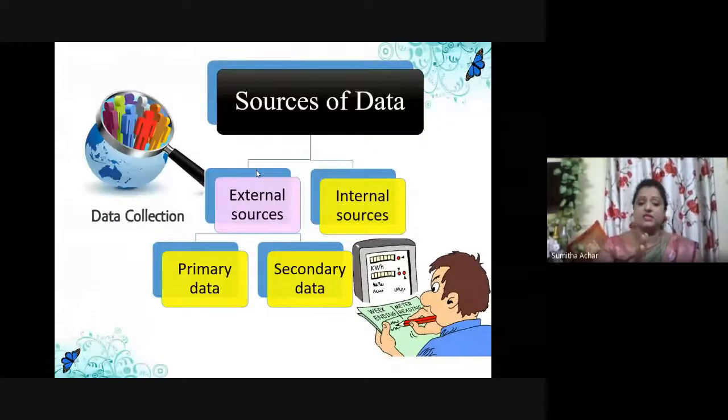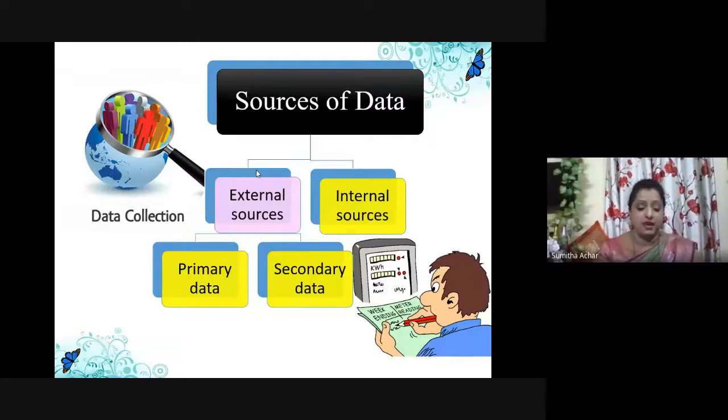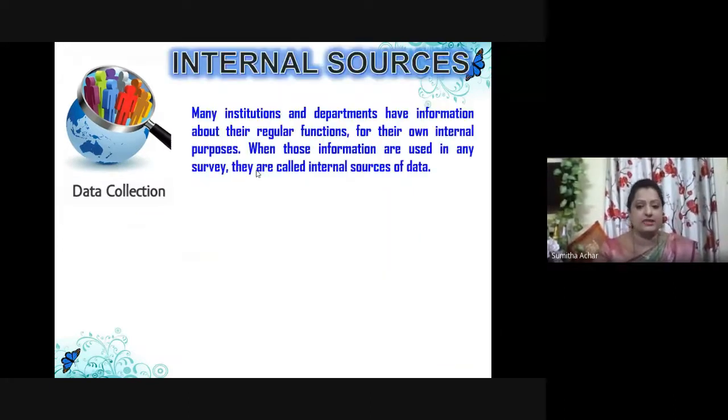And under the external sources, you can segregate the data collection into two different categories, primary and secondary, where you have already discussed the secondary data on the first day and the primary data during the sessions. However, I'm here to give you an idea about the various tools that one can use to collect the primary data.